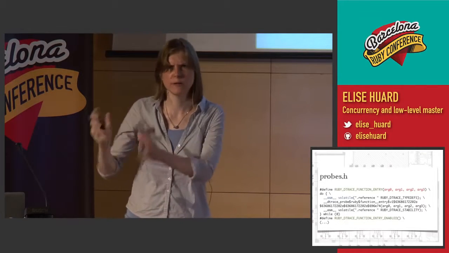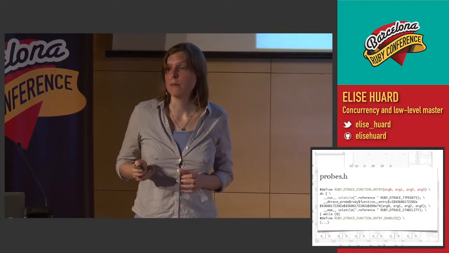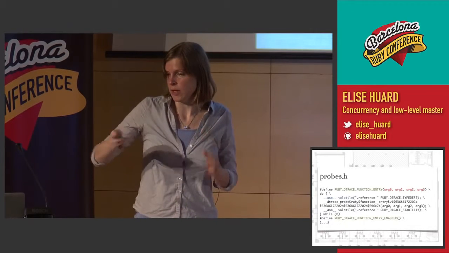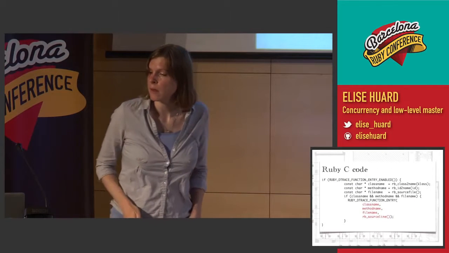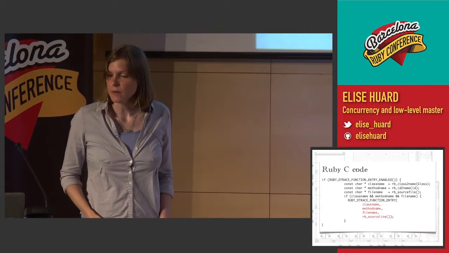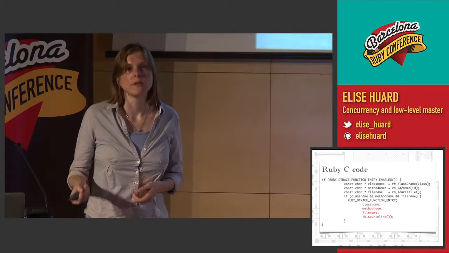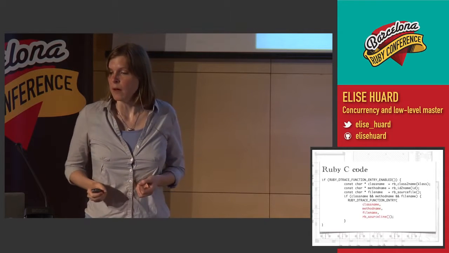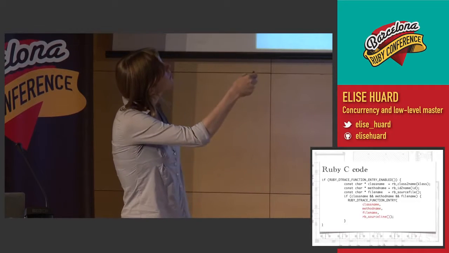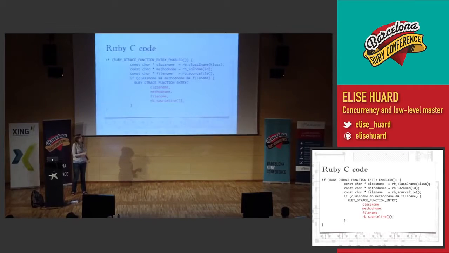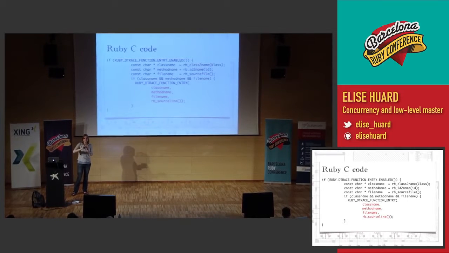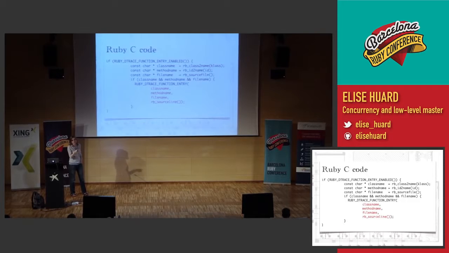So basically, you have an include file, and that include file will be used in the C code itself. This is in vm.c, so in the VM of Ruby. Aaron added this bit of code himself. And the nice thing is that you add that bit of code in your function, and you can use local accessible variables, like in this case class name, method name, file name, source line.